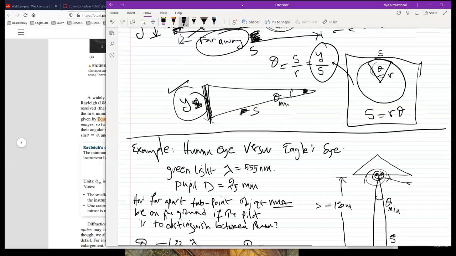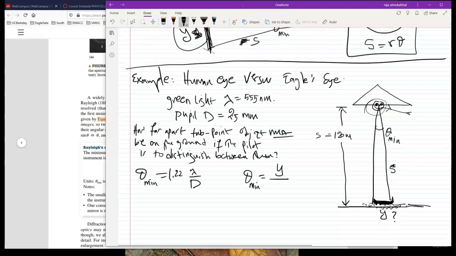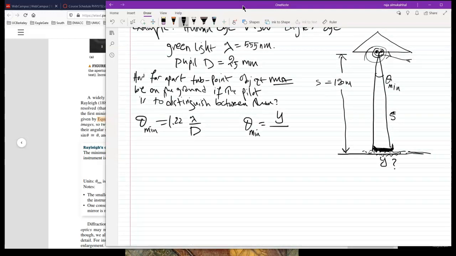So y is equal to s theta min. Therefore, theta min is equal to y over s. Is that okay?